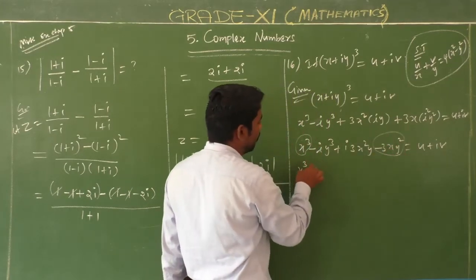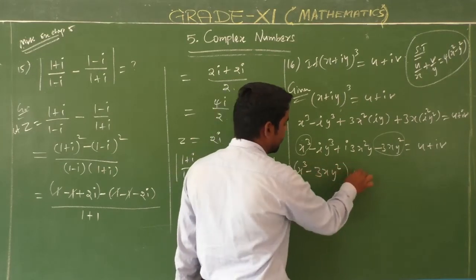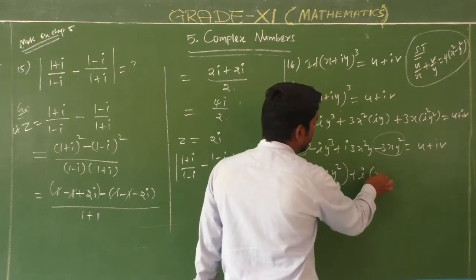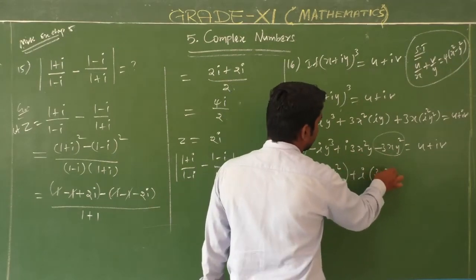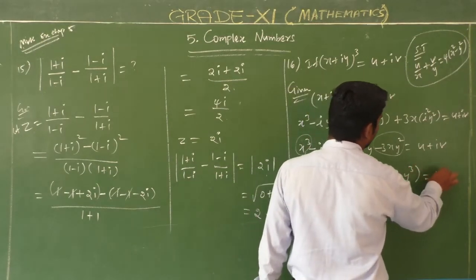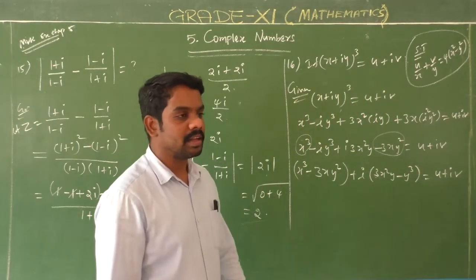So x cube minus 3xy squared is the real part, plus i times the imaginary part, 3x squared y minus y cube, equals u plus iv.